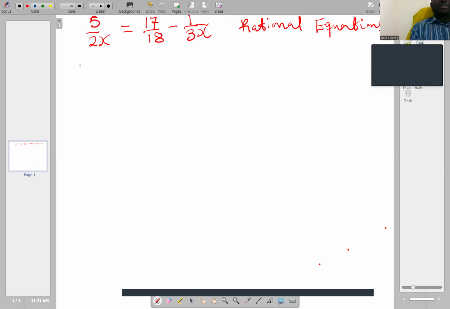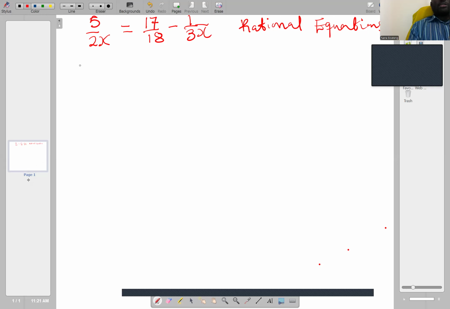All right, so let's check the right-hand side. On the right-hand side, we have 17 divided by 18 minus 1 divided by 3x.